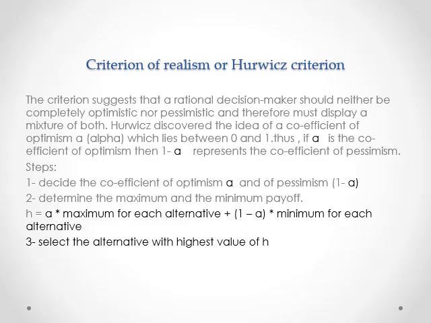Steps. Decide the coefficient of optimism alpha and of pessimism 1 minus alpha. Then determine the maximum and the minimum payoff.